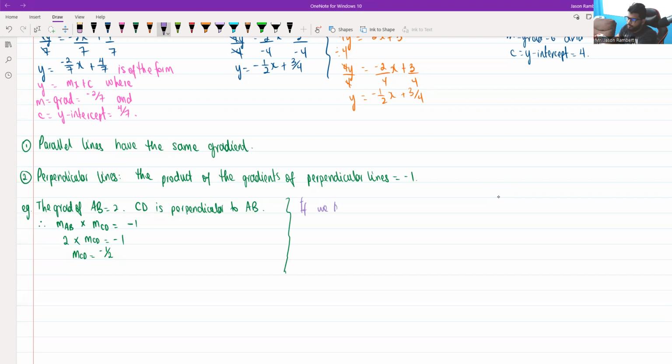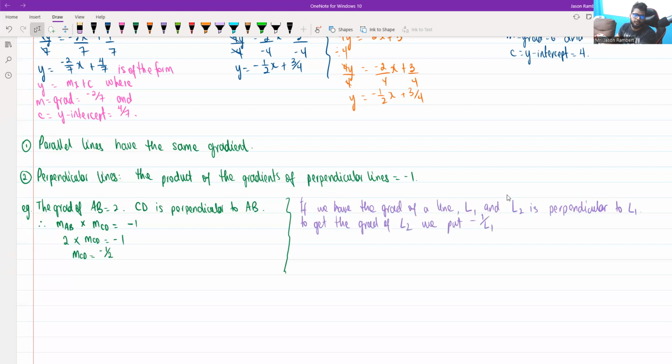If we have the gradient of a line, let's say the line is L1, and L2 is perpendicular to L1, to get the gradient of L2, we put 1 over the gradient of L1 with a minus sign in front of it.